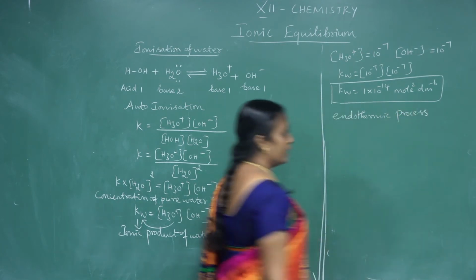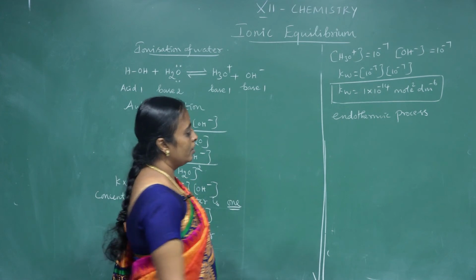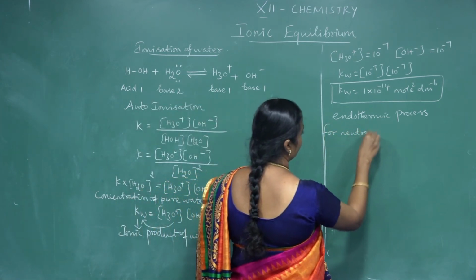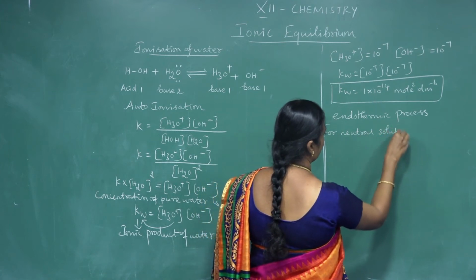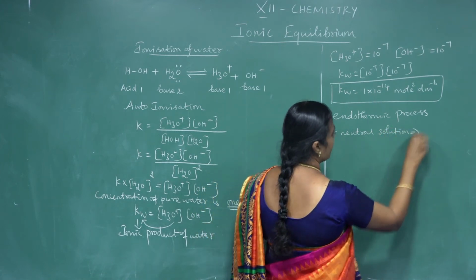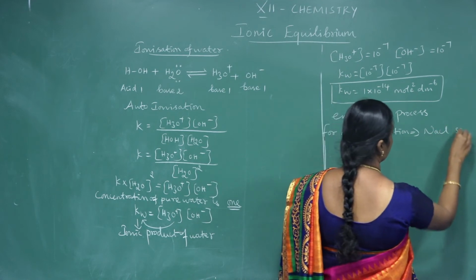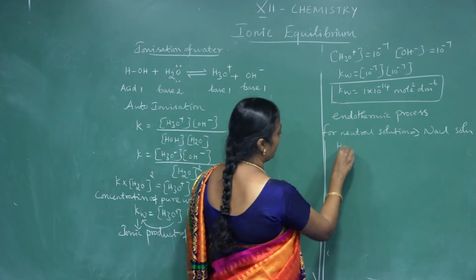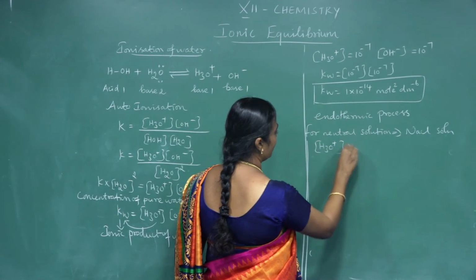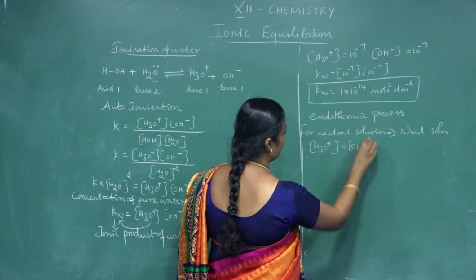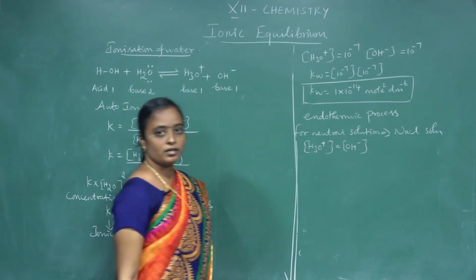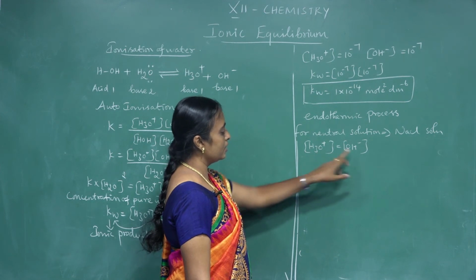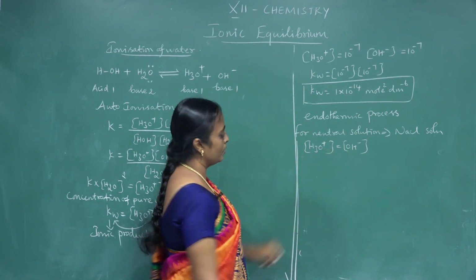So from this we will get one point, that is for a neutral solution, say consider a NaCl solution, the concentration of hydronium ion will be equal to the concentration of hydroxyl ion. So for neutral solution, both hydronium ion concentration and hydroxyl ion concentration will be equal.